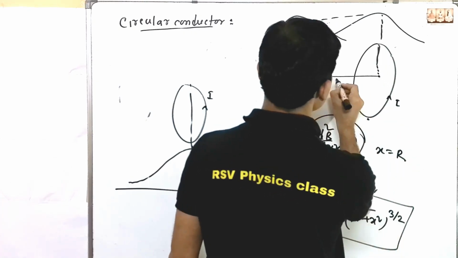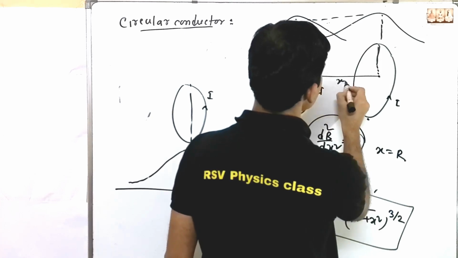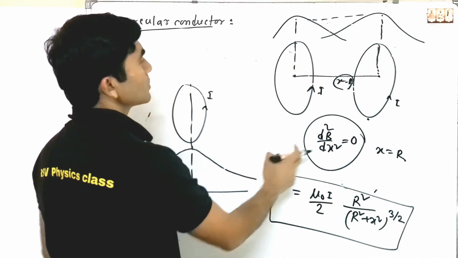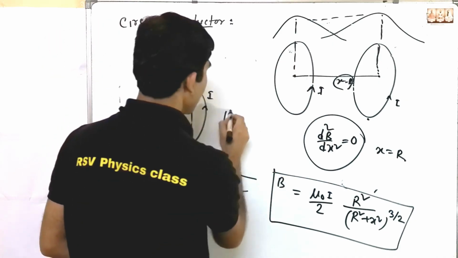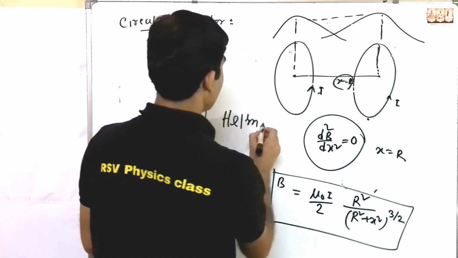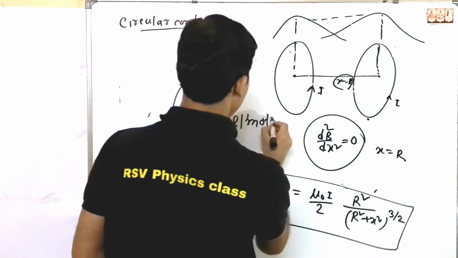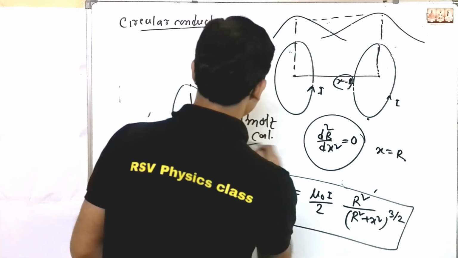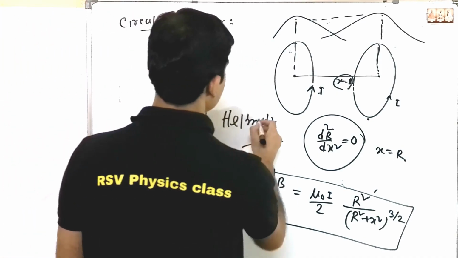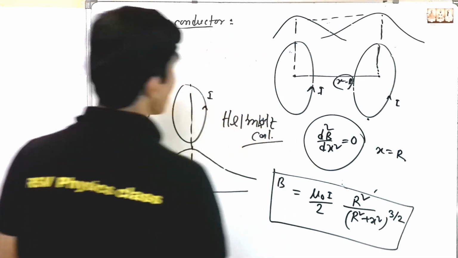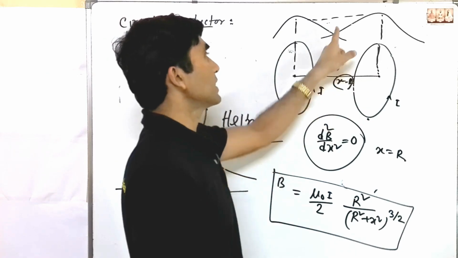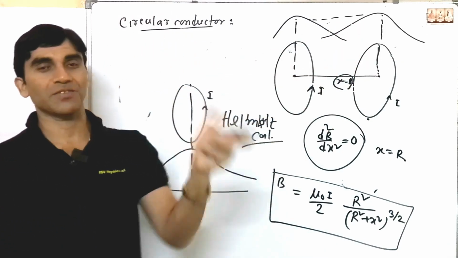This configuration is called a Helmholtz coil. Using the Helmholtz coil you can create a uniform magnetic field.